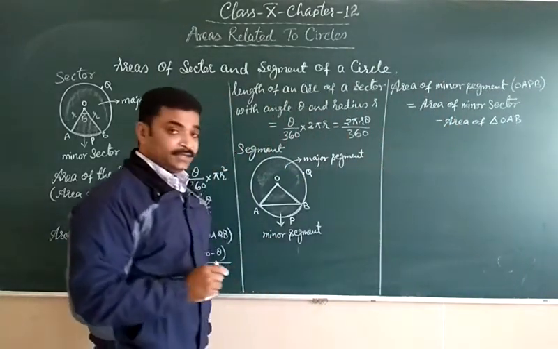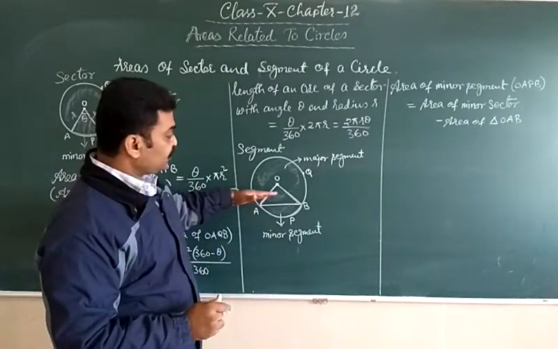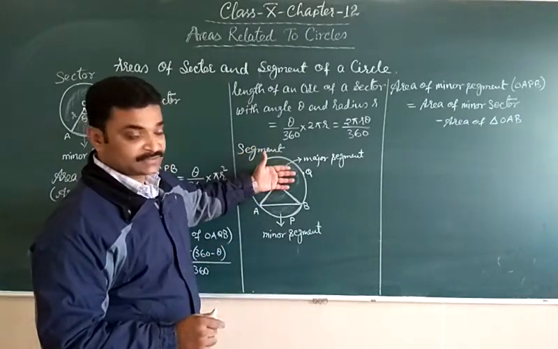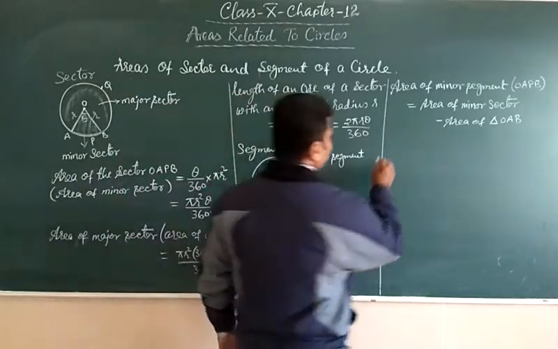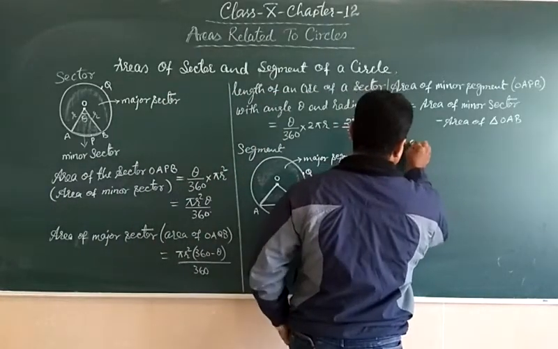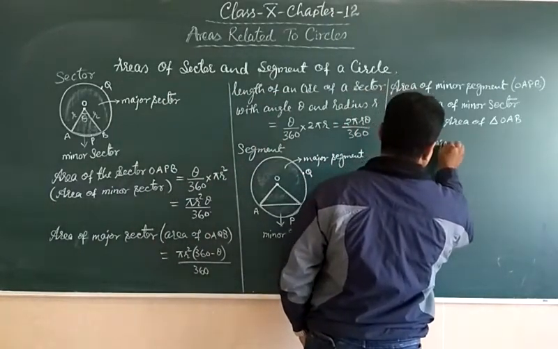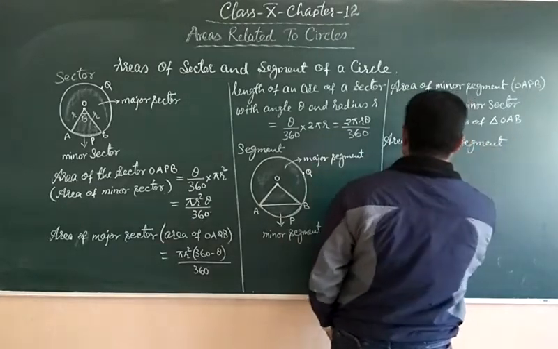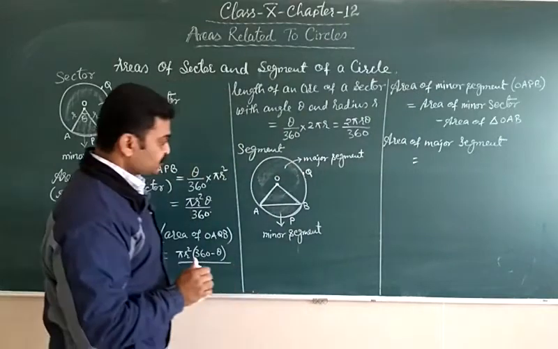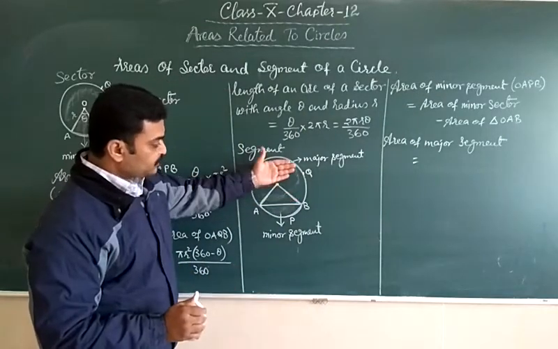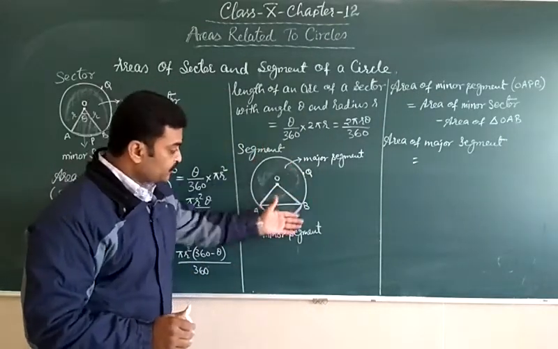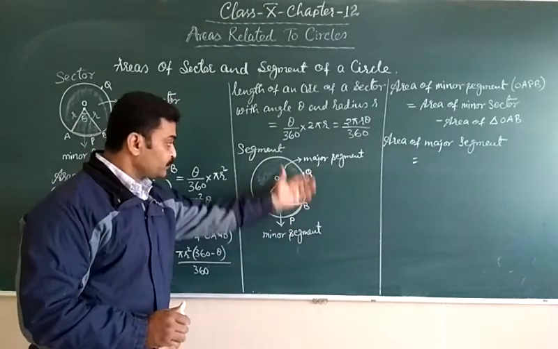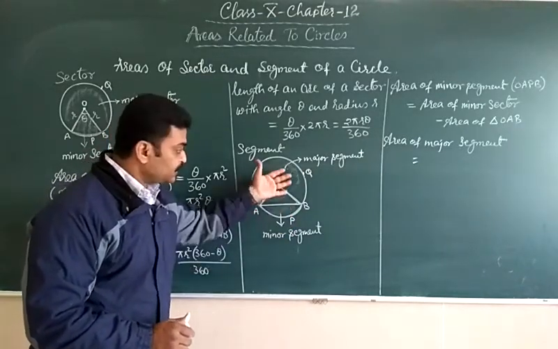Similarly, if we find area of major segment, that means we are going to find this part. If we remove this part from the total area of circle, we get this part.